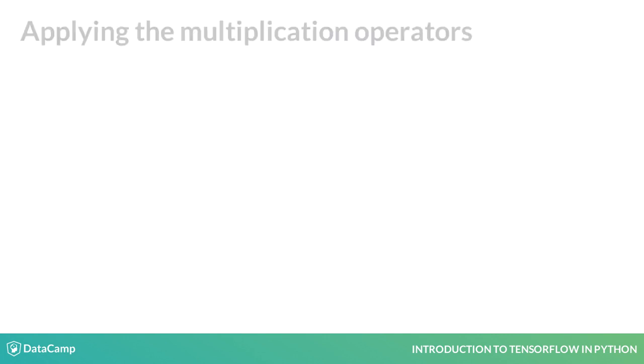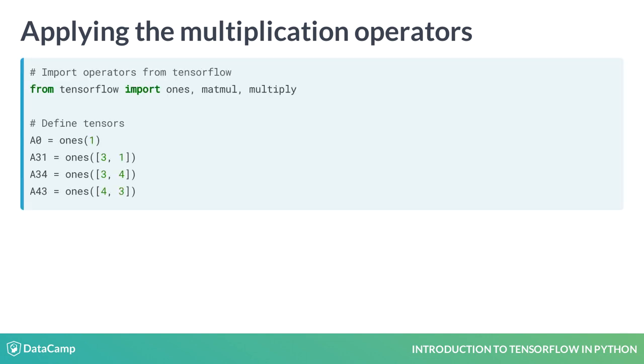Let's look at some examples of multiplication in TensorFlow. We'll import the ones operator along with the two types of multiplication we will use. We will also define a scalar A0, a 3 by 1 vector of ones, a 3 by 4 matrix of ones, and a 4 by 3 matrix of ones.